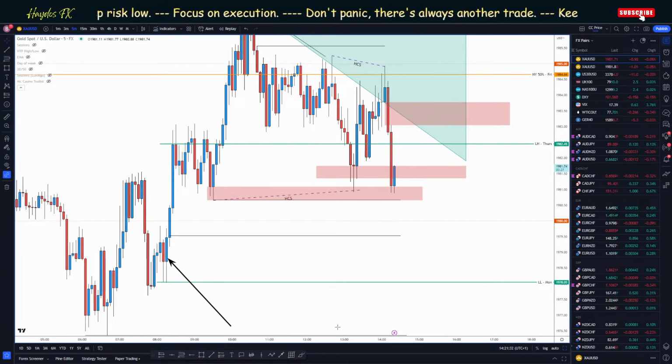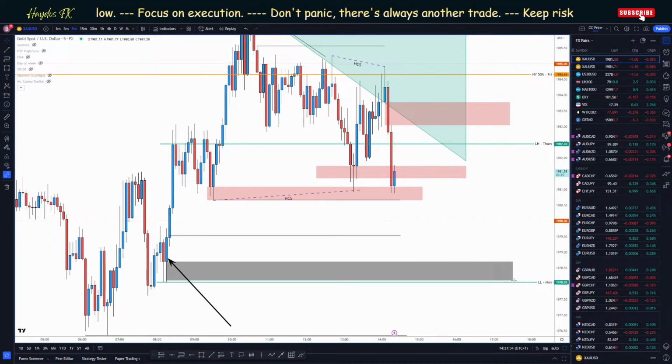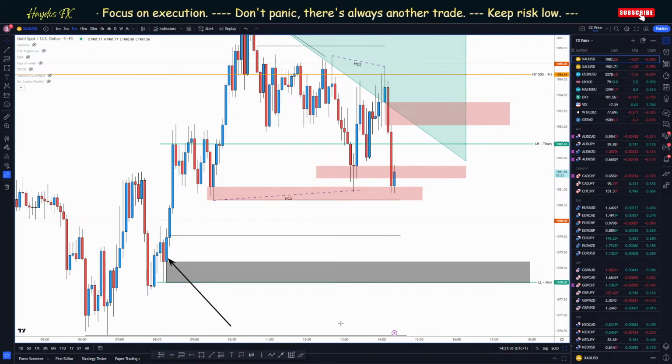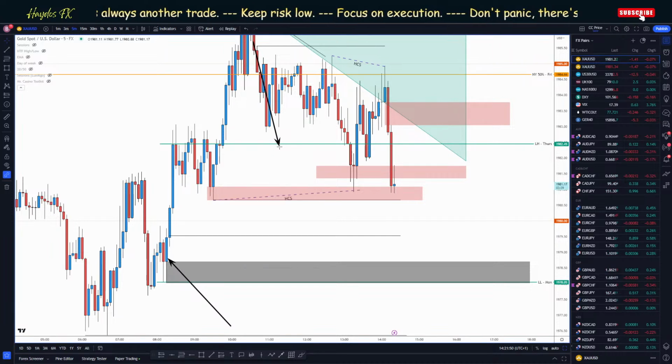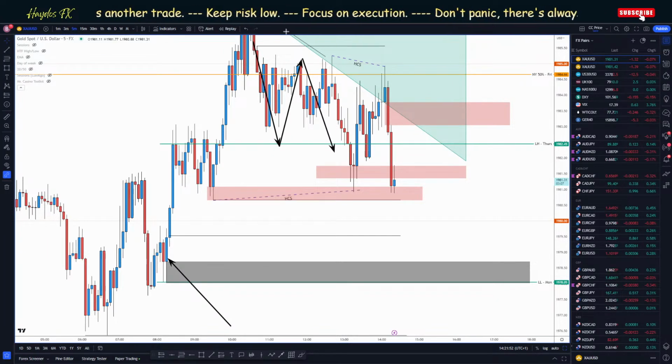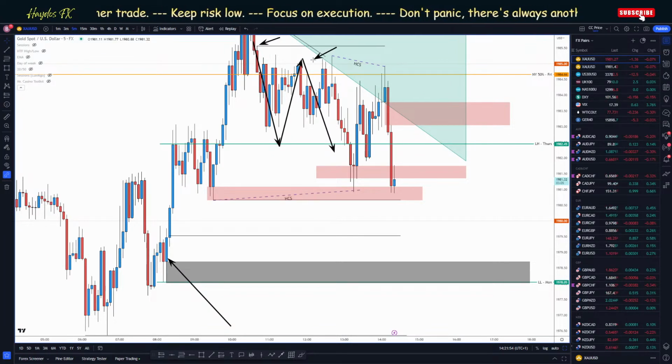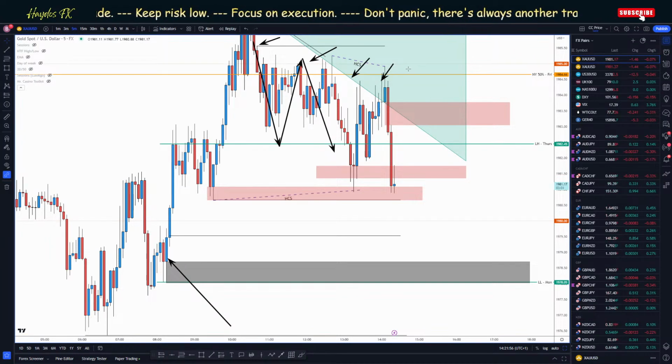So straight away for me that is a point of interest. Now what I'm trying to do is look at the higher time frame and then add these other bits and pieces in, to say if price was pushing down, making liquidity candles, and retesting, then we're picking up all the liquidity that's left behind.